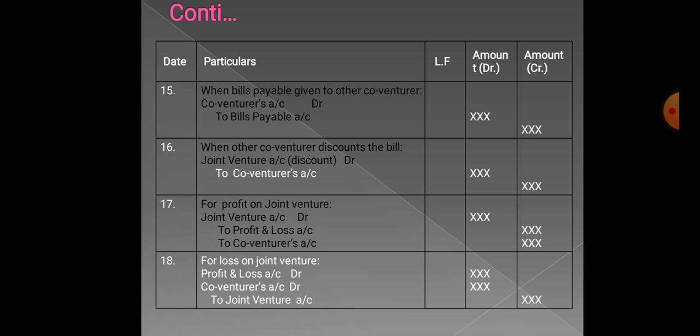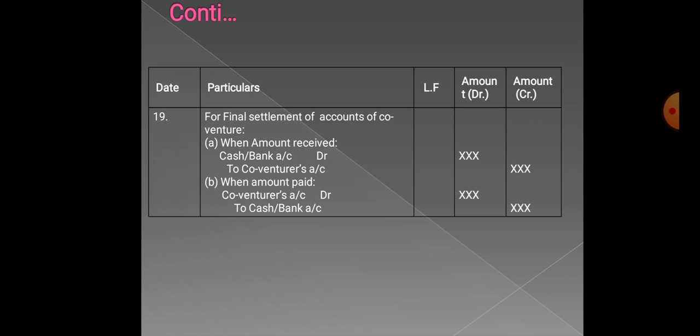Now coming to the next, if there is a loss on joint venture, the entry has to be reversed, that is, profit and loss account debtor, co-venturer's capital account debtor to joint venture account. Coming to the last entry, for final settlement of accounts of co-venturers, when the amount is received, then the entry would be cash or bank account debtor to co-venturer's account.